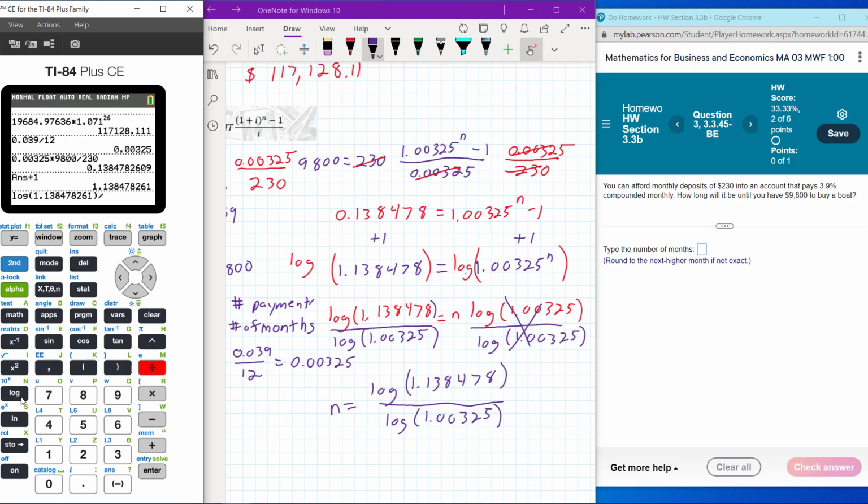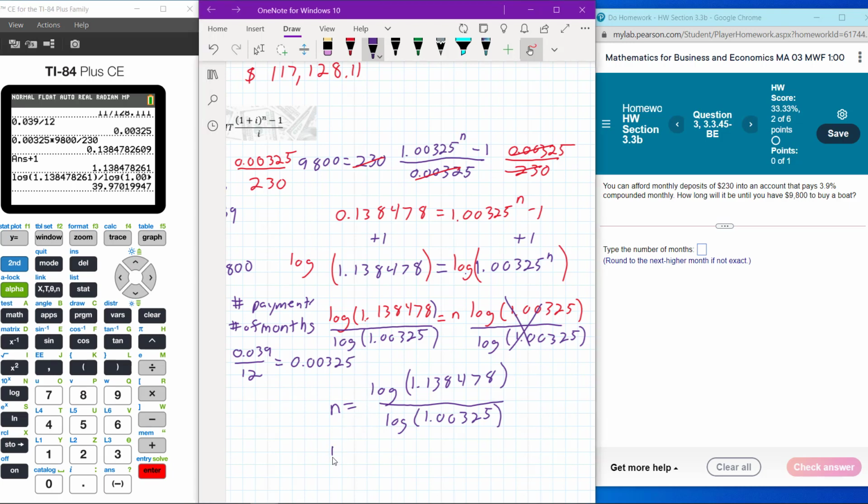Divided by, once again, log 1.00325. Close the parenthesis. And that is my value for n. I have that n is equal to 39.97. There's going to be a total of 39.97 payments.